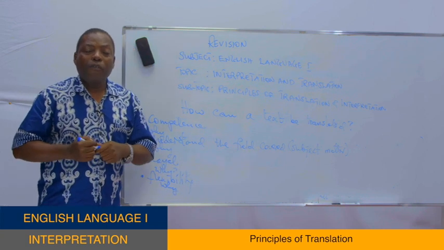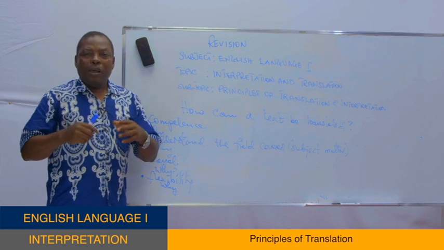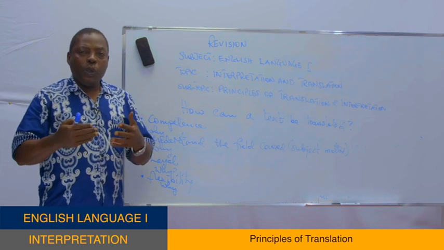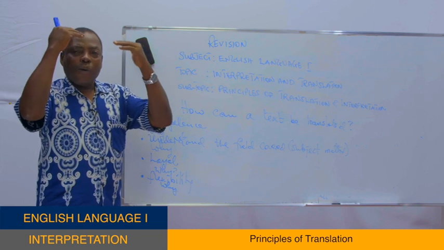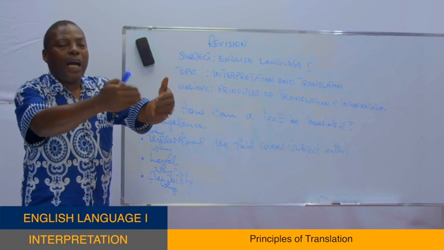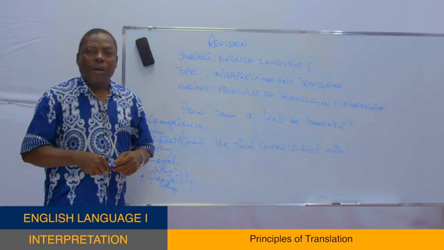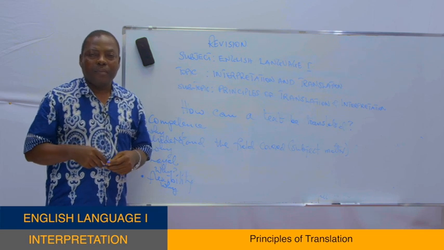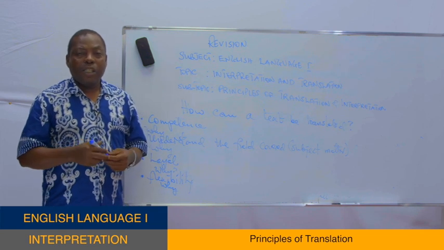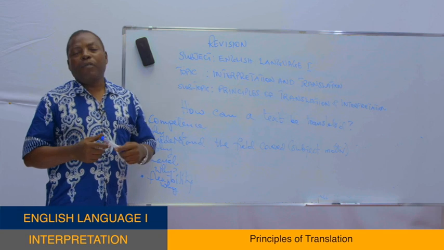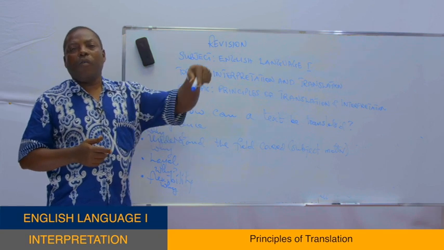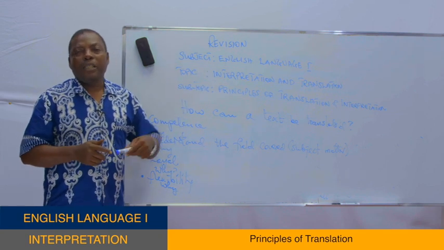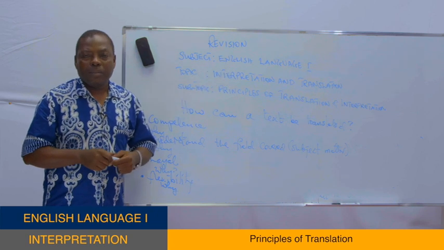We want him to be flexible because the first thing that you do is to look at what you are expecting your audience to have. So in simple language, you have to look at the expectation of your reader or the expectation of your audience.